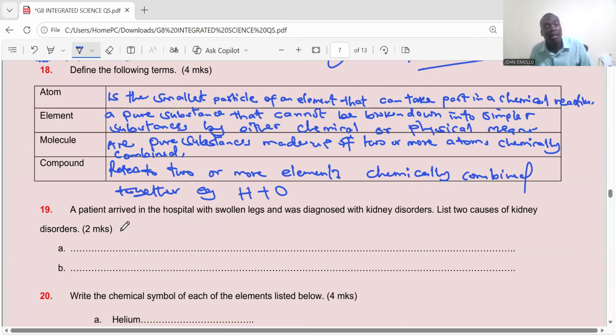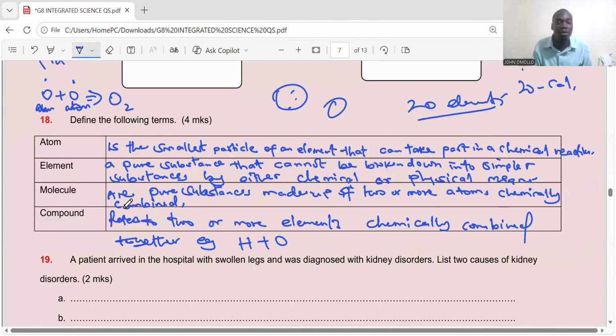I want you to get the difference between a molecule and a compound. When we talk about a molecule, we are talking about those of the same species. Now, hydrogen and a hydrogen atom, they give us a molecule of hydrogen, 2 molecules of hydrogen.